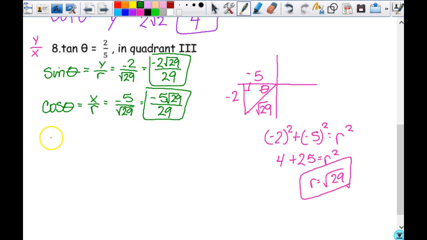Then I can do cosecant. Oh my gosh. Cosecant theta. That's going to be r over y. That's nice. I'm not going to have to rationalize here. So that's a square root of 29 over what? Negative 2.